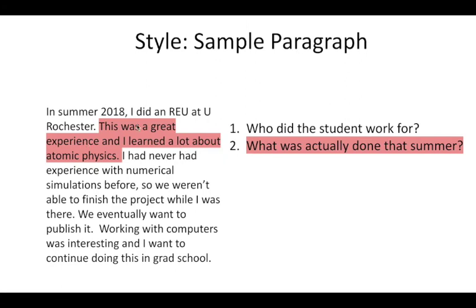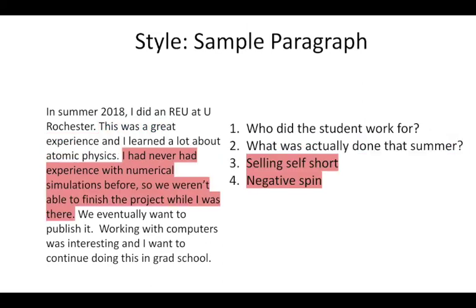Second thing is that we get a sense of the field and the method, but we don't actually know what was done that summer. So a research professor reading this might not be certain that the experience would or would not fit into their research program. Also, the student is mentioning two things that can be empirically completely true, which is that they had never had experience with numerical simulations and that the project wasn't finished.